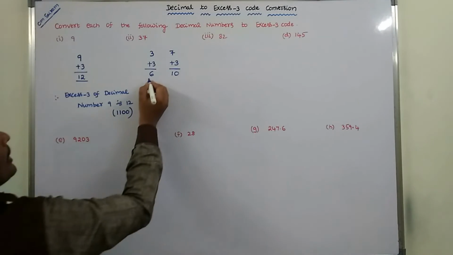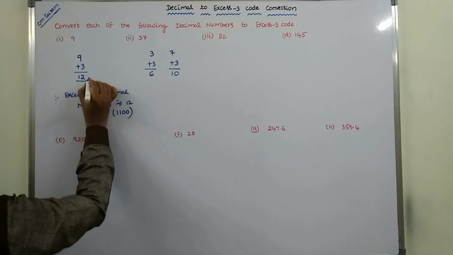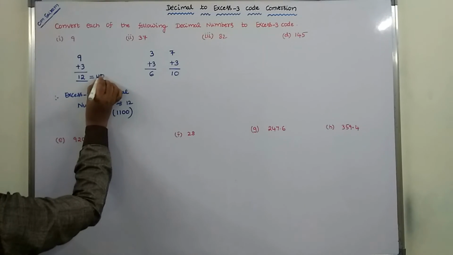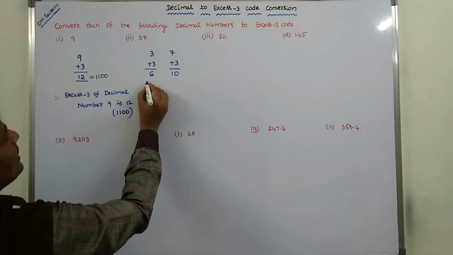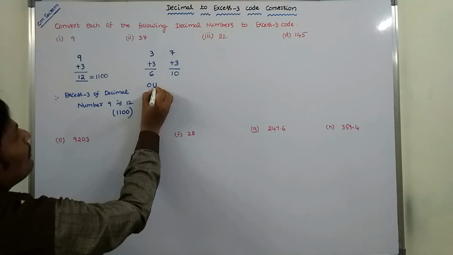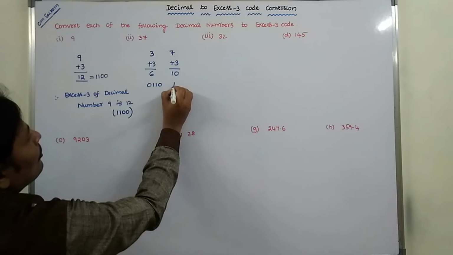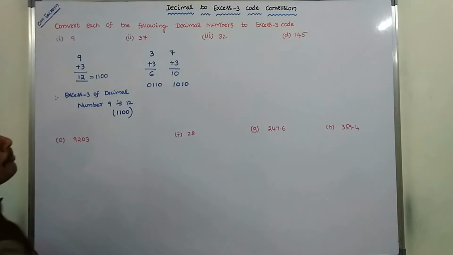Okay. So here the corresponding excess-3 code is 1100. Here the corresponding excess-3 code is 0110, and 10 means 1010. Okay.